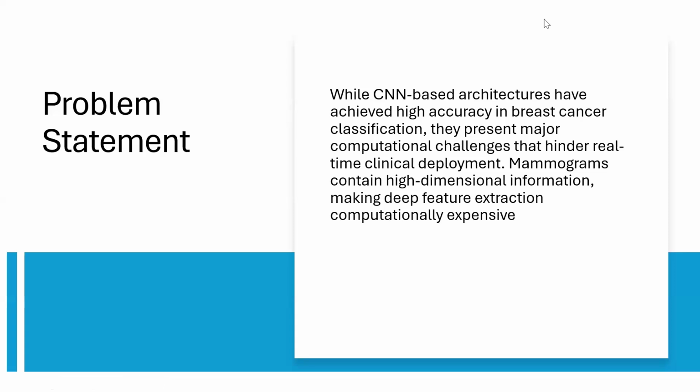Existing regions of interest selection techniques such as Otsu, the paper I read used Otsu for extracting local features. So Otsu thresholding and UNet introduce false positives and increase processing time. Furthermore, hyperparameter tuning methods, including greedy search and genetic algorithms, suffer from long convergence times and suboptimal solutions.